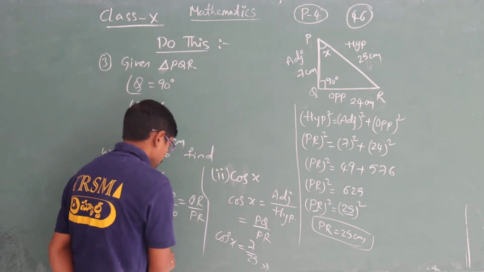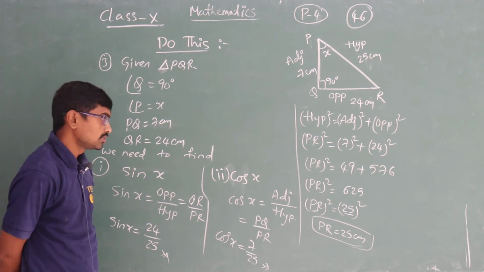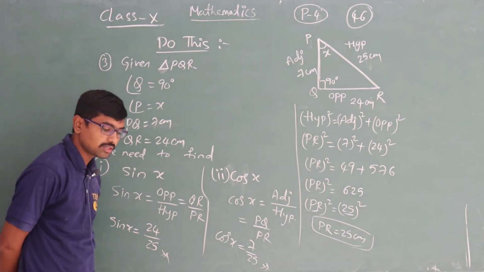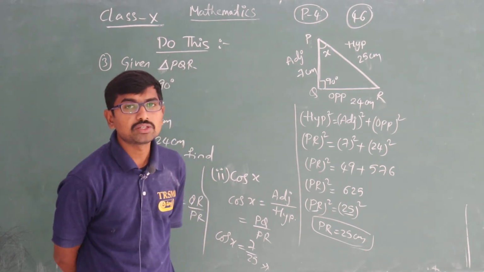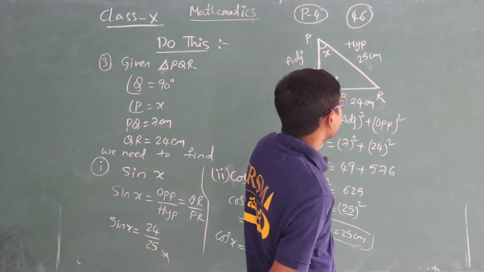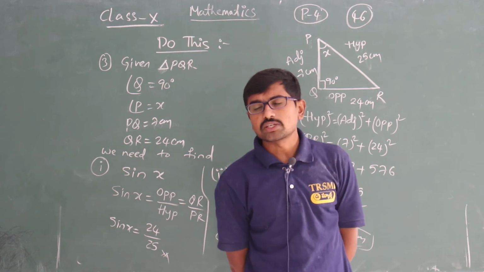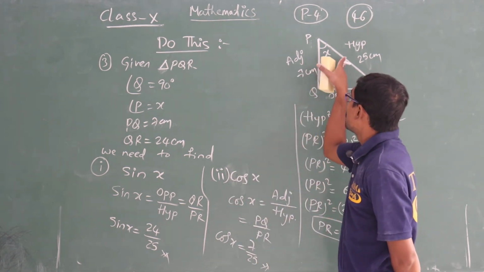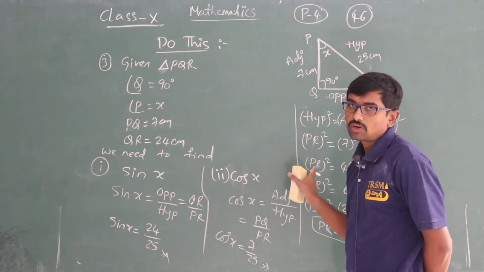So by this we have got the trigonometric ratios. This is how we can find the trigonometric ratios when any two sides of a right angle triangle are given. Here two sides were given, adjacent and opposite. First we found the third side of the right angle triangle by using the Pythagoras formula.